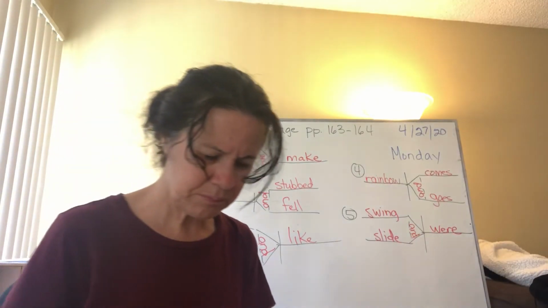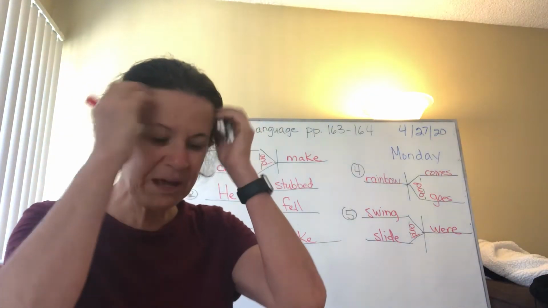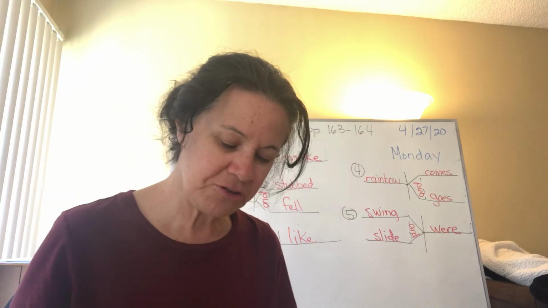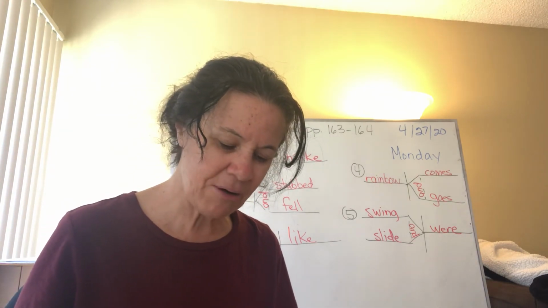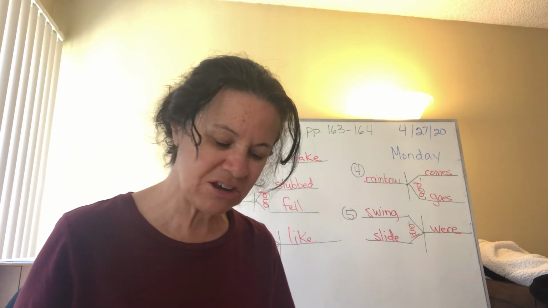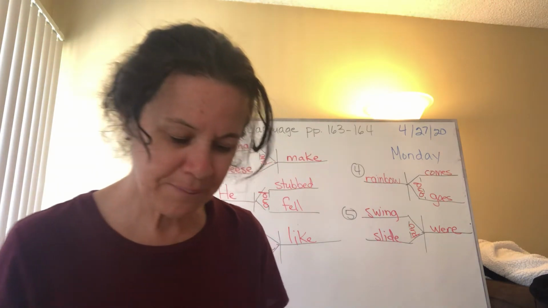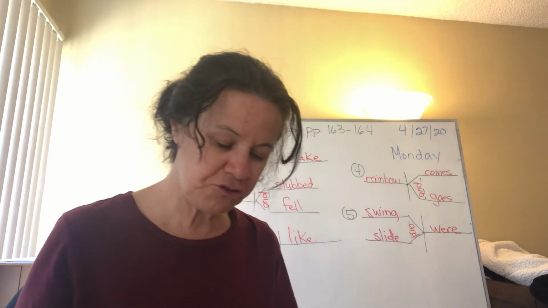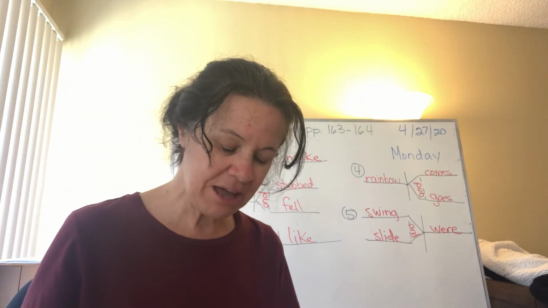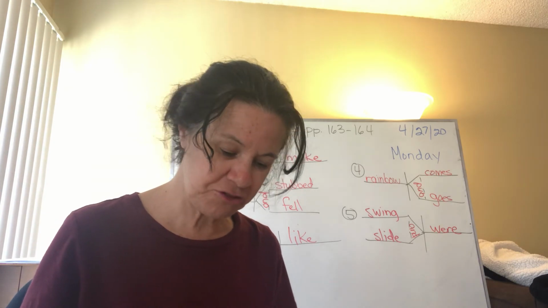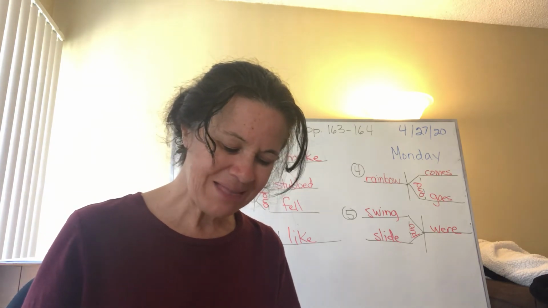Okay? Now, Think B. Underline the verbs 2 times and the subject 1 time. On notebook paper, diagram each subject and verb. Okay? So I want you to find your subjects and verbs for this. And then I want you to diagram the odd numbers.